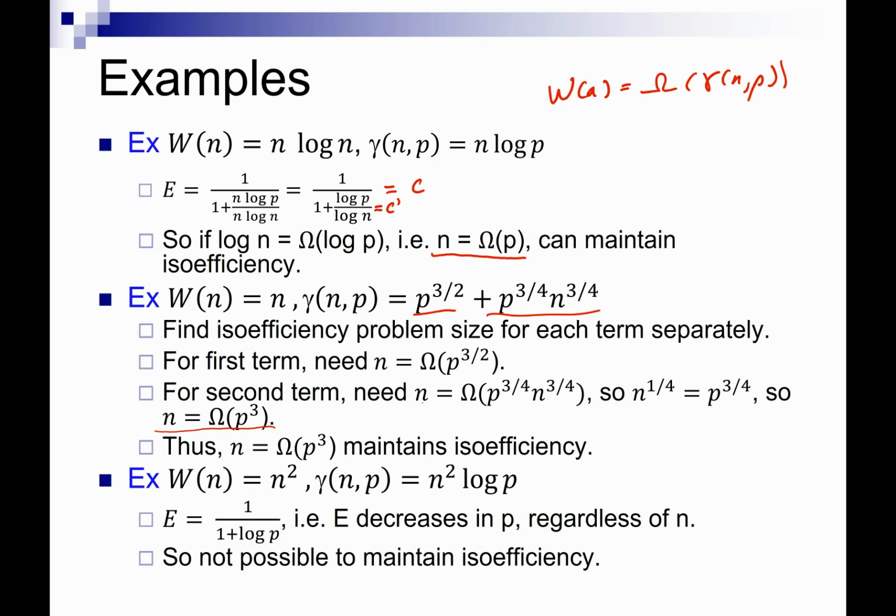No matter how you increase the problem size, you can't keep up with the rate of increase of the overhead. That's because the overhead here is n squared log P, whereas the work is just n squared. So the overhead is always larger than the work, and therefore, as you increase P, your efficiency is always going to decrease.